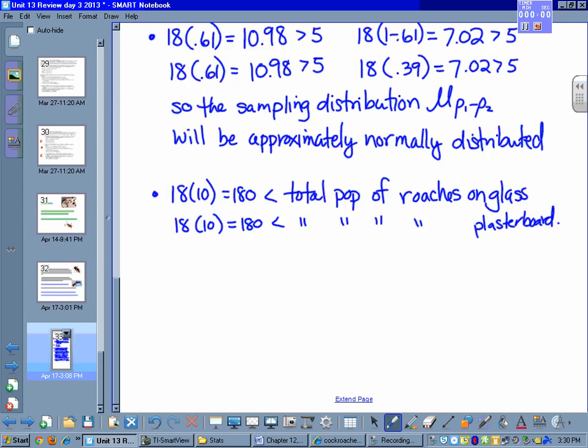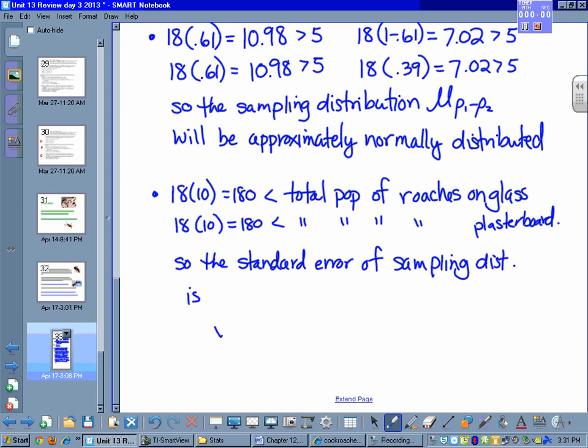And that being the case, we can say the standard error of the sampling distribution is the square root of p-hat combined times 1 minus p-hat combined over n sub 1, plus p-hat combined times 1 minus p-hat combined over n sub 2.